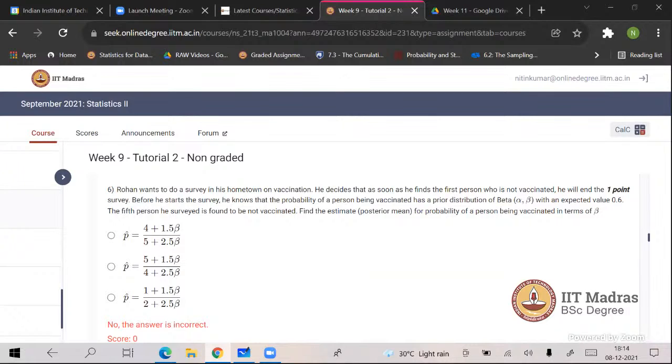So I think I'm not interpreting the question rightly. So if you can just write it down on the whiteboard, so I know what to expect, because I can't find it while I was trying to do the solution. With an expected value of 0.6, the fifth person surveyed is found to be vaccinated.